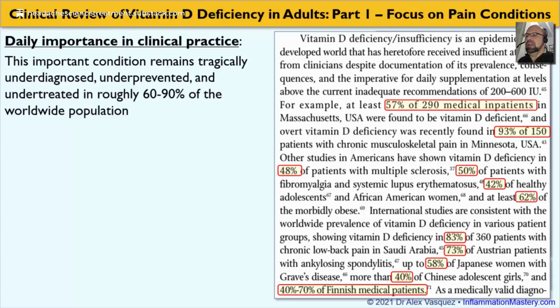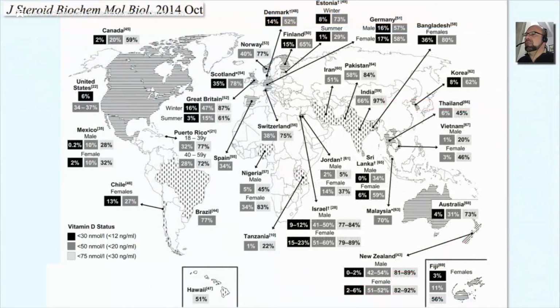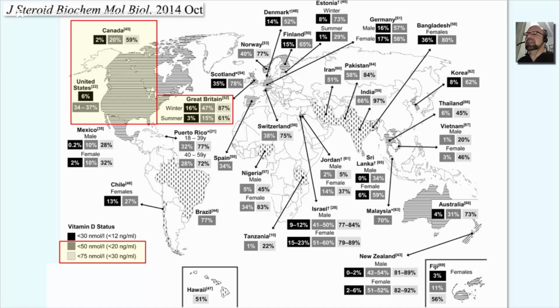If we look at a more recent publication, this time from Journal of Steroid Biochemistry and Molecular Biology, 2014, we see that with a reasonable definition of vitamin D deficiency, in the United States, 34 to 37% of people are deficient. In Canada, being farther north, that prevalence goes up to 60%. If we look at Great Britain, the incidence in winter is as high as 87% and in summer at 61%.